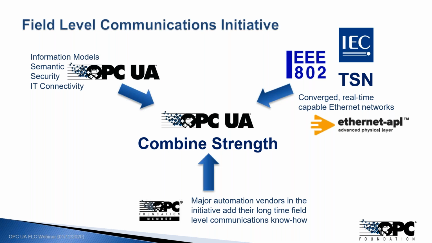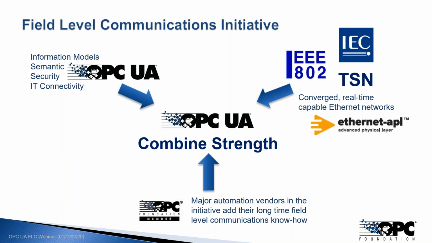The formula that is taken by the Field Level Communications Initiative is to combine the existing OPC technology. So it's not changing anything, we are only extending this framework. And we are combining this with different standards out of IEEE.